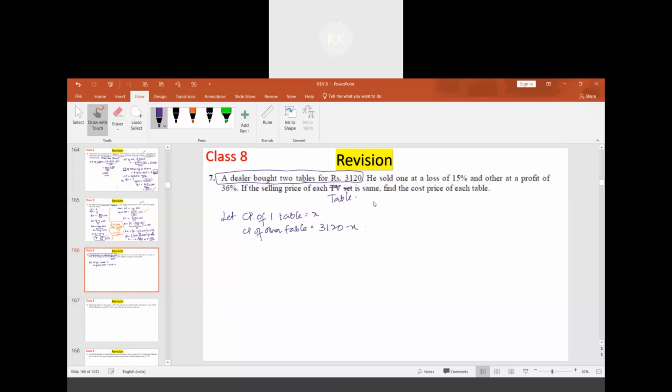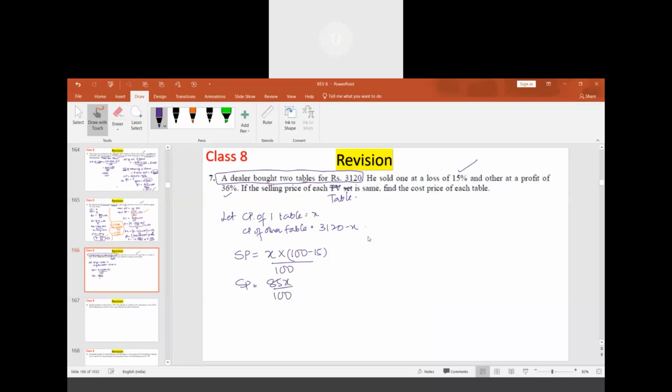Now there is a loss on one and profit on the other. Since there is a loss on one, I'll take SP as CP into 100 minus 15 divided by 100. So SP will be equal to 85x divided by 100.